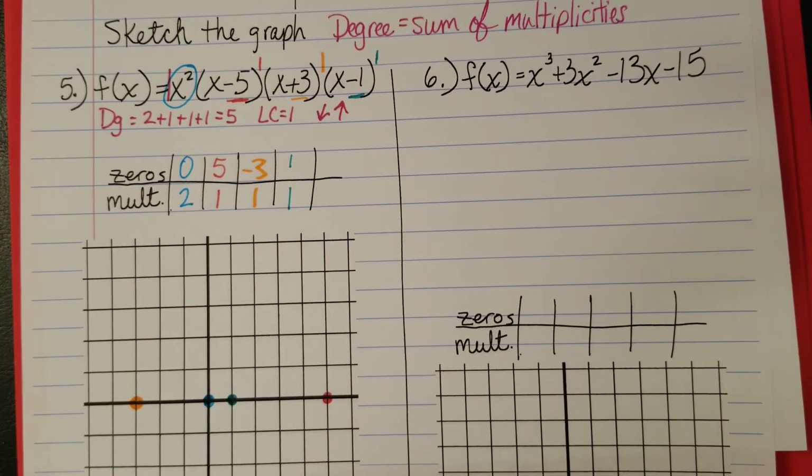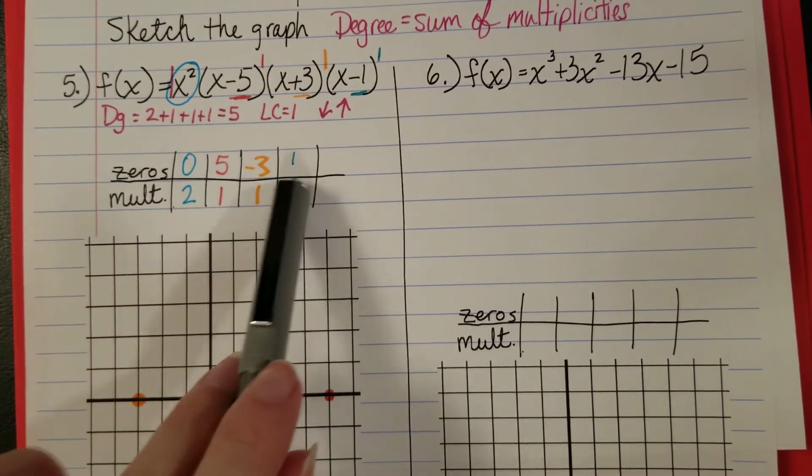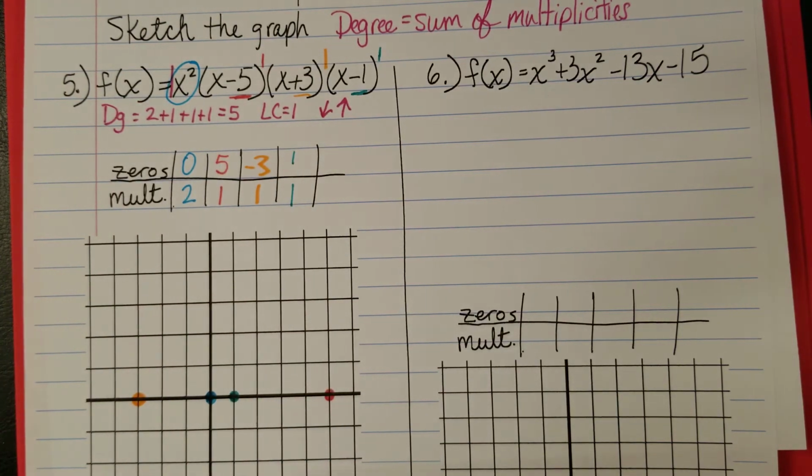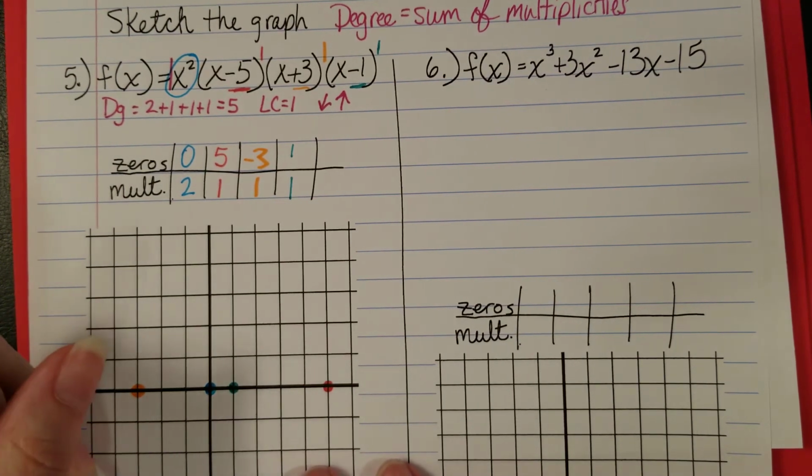In one way it would be helpful if these were in order from smallest to largest, but they're not, they're just in this order. So just pay attention to that. You might want to go ahead and put your arrows on here.